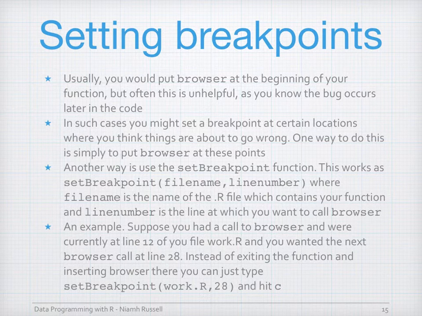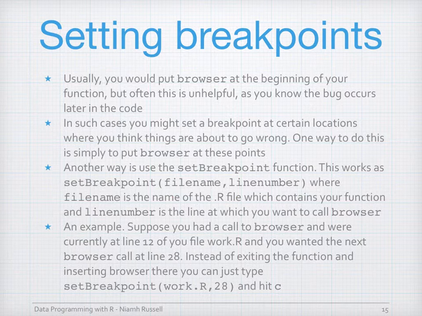And it doesn't really matter, just so long as you know where your function is that you want to set the breakpoint in. So the file name, as I say, is the name of your R script, and then the line number is the line number of your R script before which you want your code to stop. So the breakpoint will occur before that line is run.